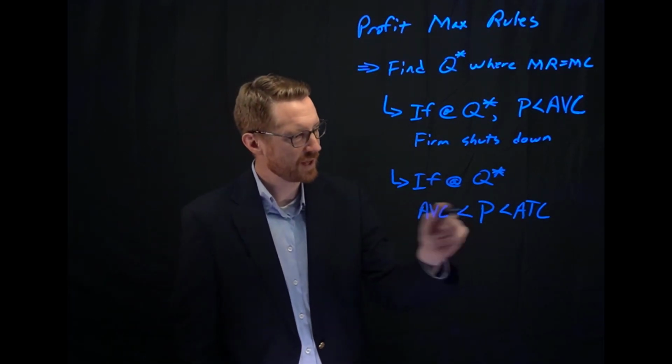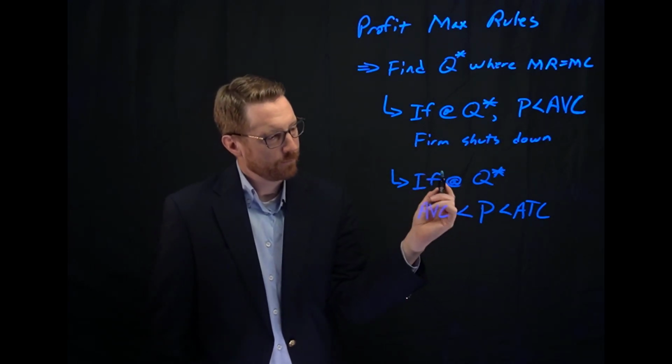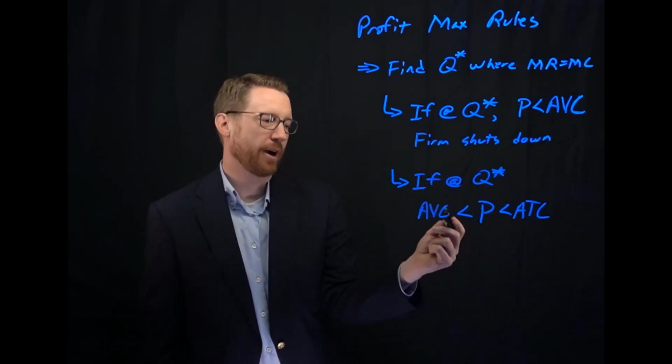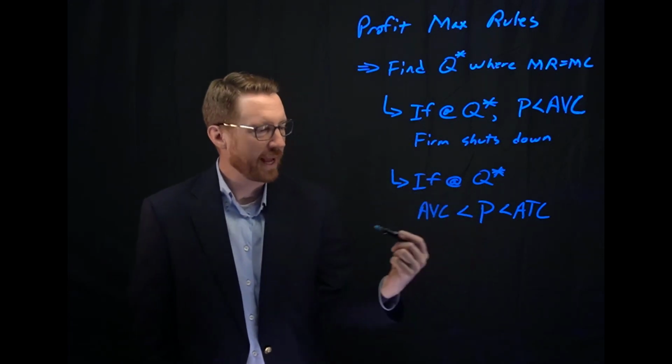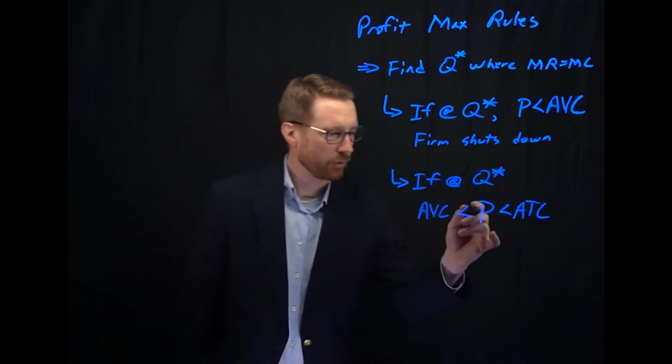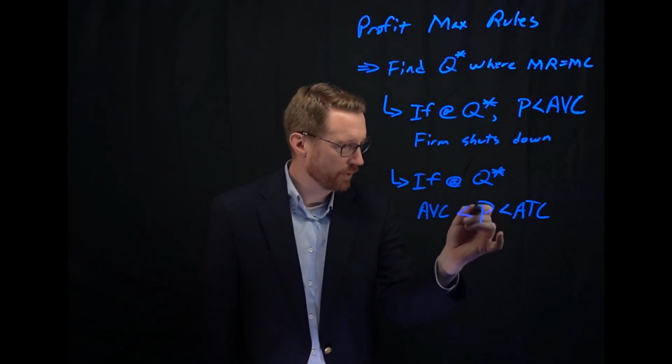All right, what does that mean? That means the firm is able to sell their item at this price, their marginal revenue, what they get for that next unit, or their average revenue, whatever you want to think of with this price, right?